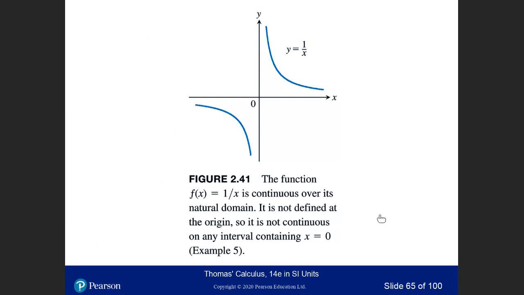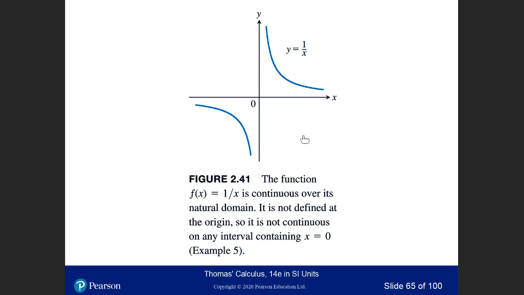Okay, let's look at this function. y is equal to 1 over x. That's the graph of the function. As you can see, you don't have continuity at 0 because if you approach 0 from the right-hand side, the function grows too much. If you approach from the left-hand side, the function becomes too small.